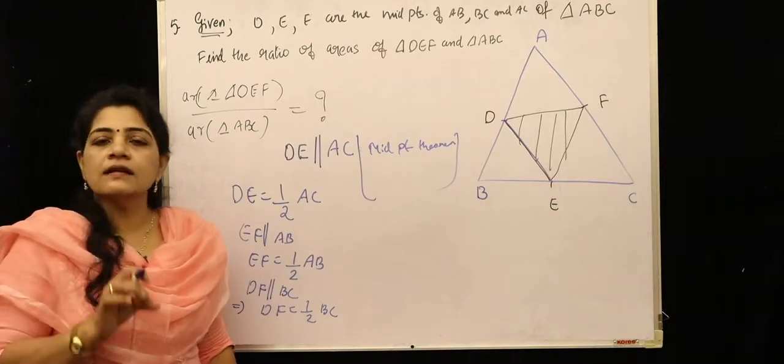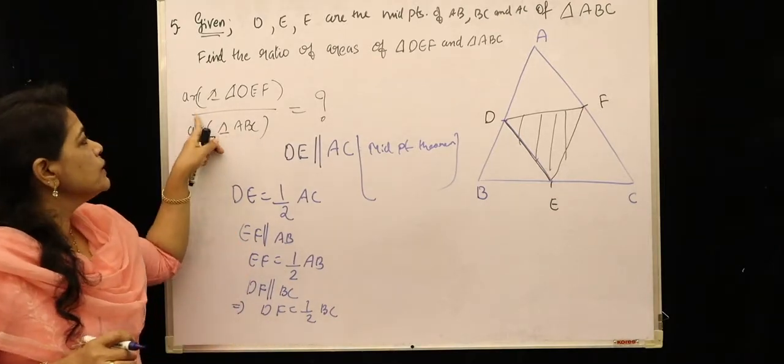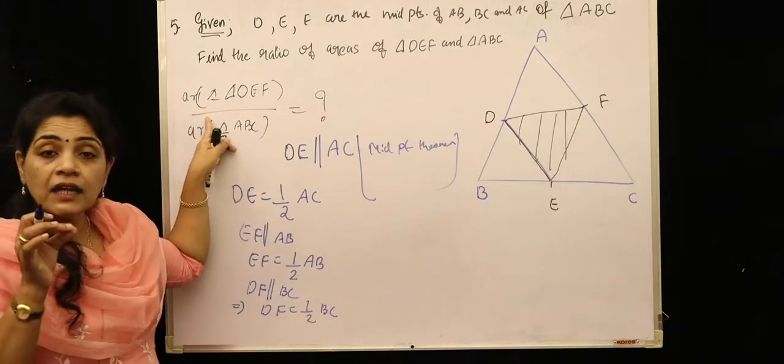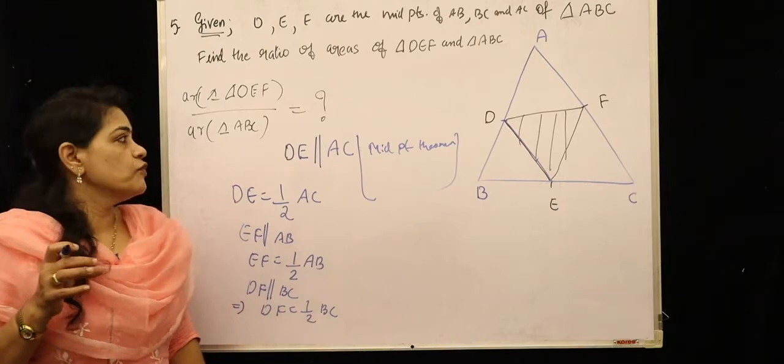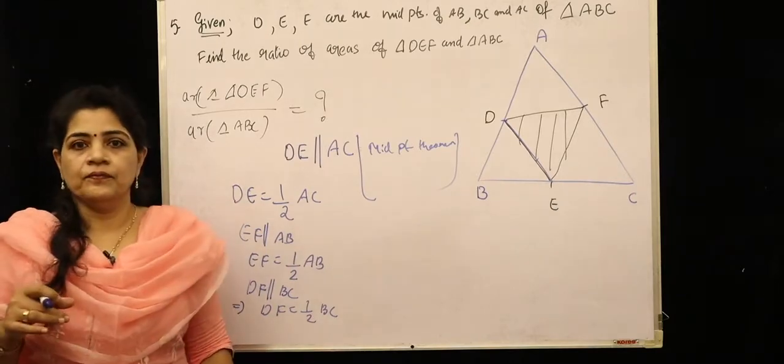And what is asked, children? We have to get the ratio of the area of triangle DEF and the area of triangle ABC.